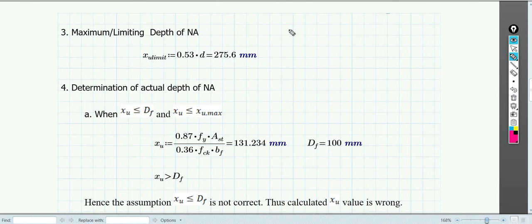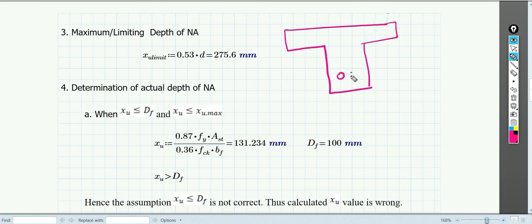Okay, now we have a beam with all the available dimensions as well as steel which are available to us. Everything is given. Now the question is how to find out the moment of resistance. We have basically three equations depending upon the depth of the neutral axis of the stress block.